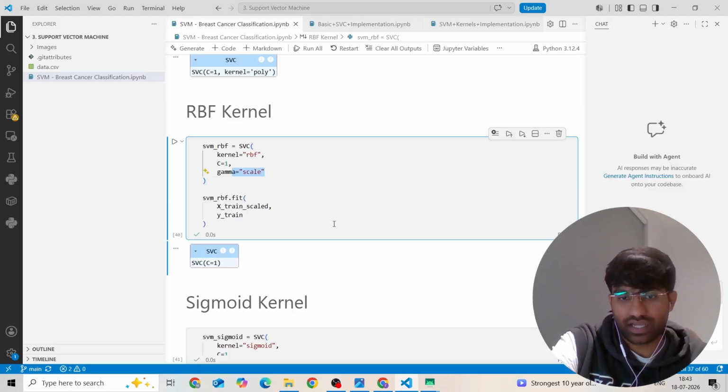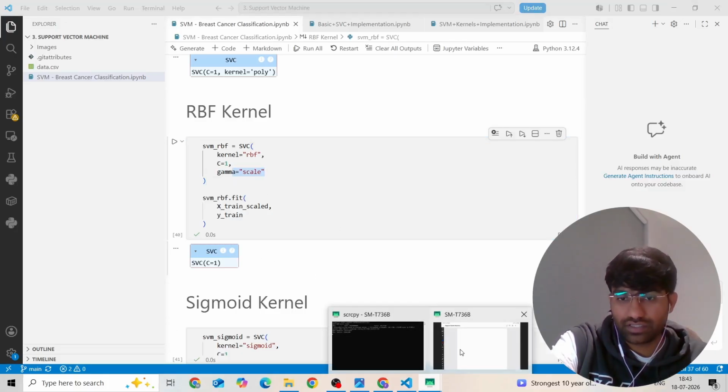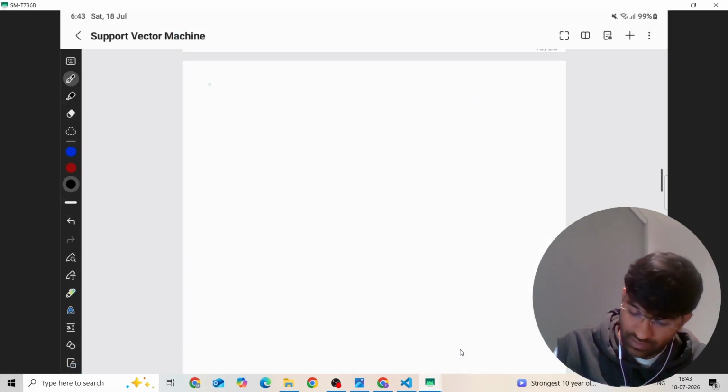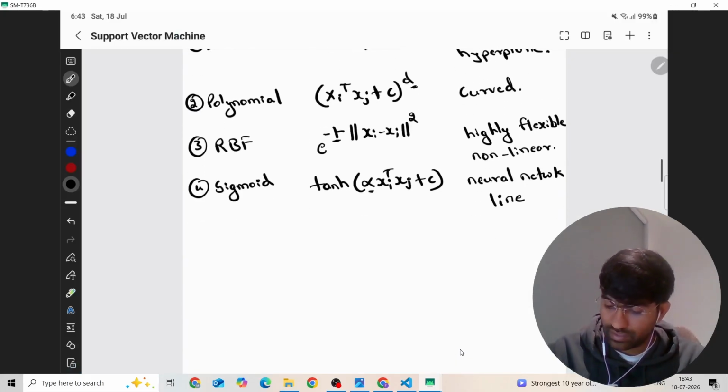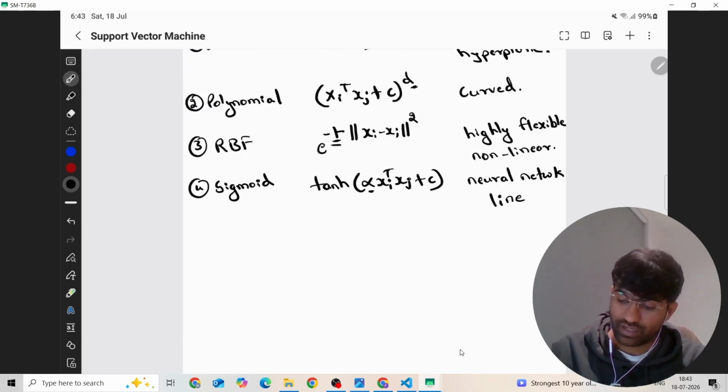In the RBF kernel, there is a minus gamma value here. I will rewrite it, no worries.